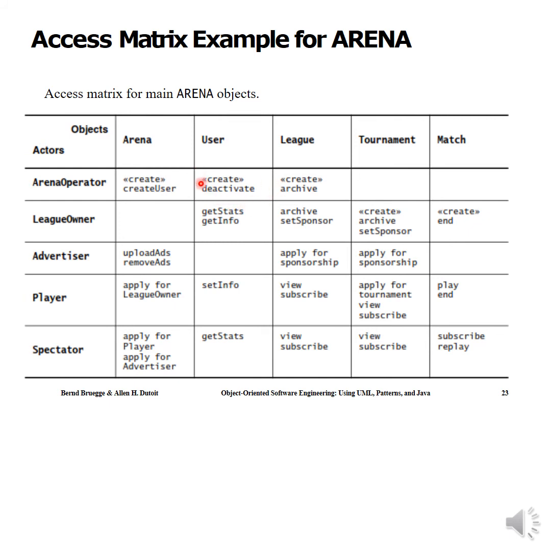It can deactivate. It can archive league. League owner is another actor and it can get status and information of the user. So this represents access rights. Spectator is another actor and it can apply for player, apply for advertiser in arena.